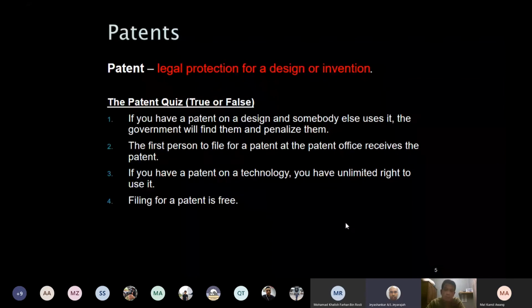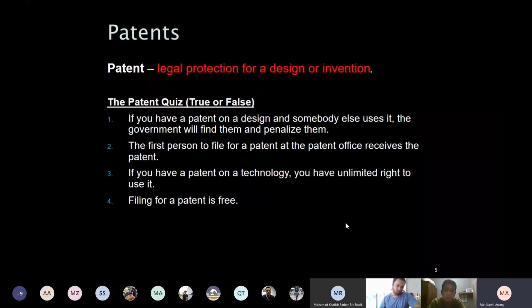That means the person who initially made the patent is the plaintiff, and the person who copied the idea is the defendant. So is it true or false that the government will fine them and penalize them? No, the government cannot keep track of all these kinds of issues that happen. If that person comes to know, then that person can sue and bring the case to court.